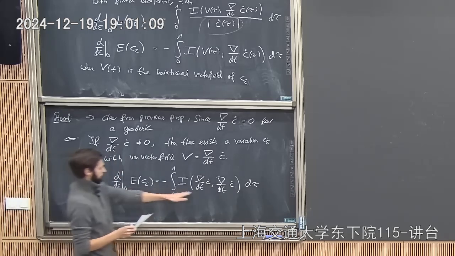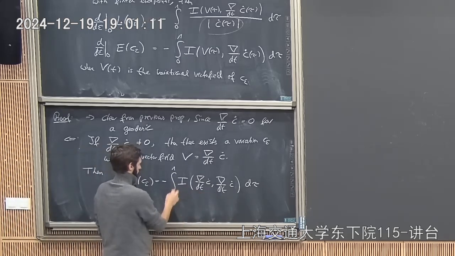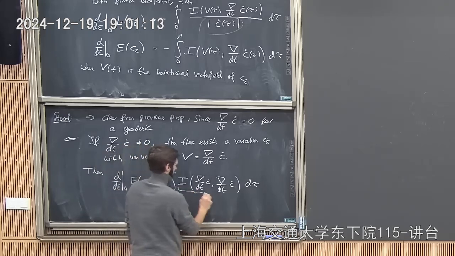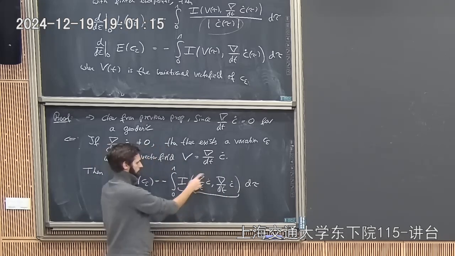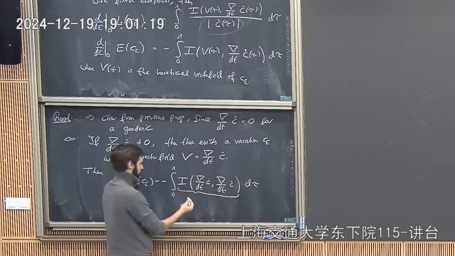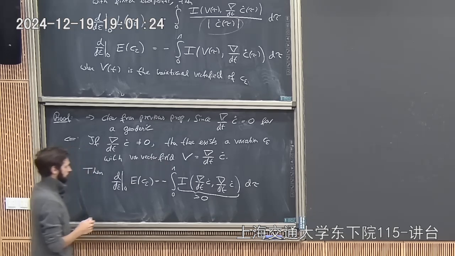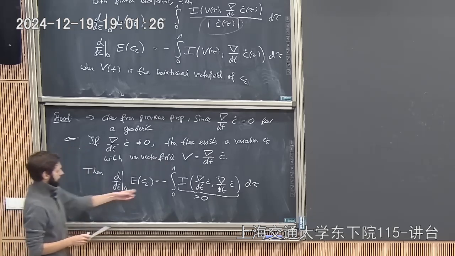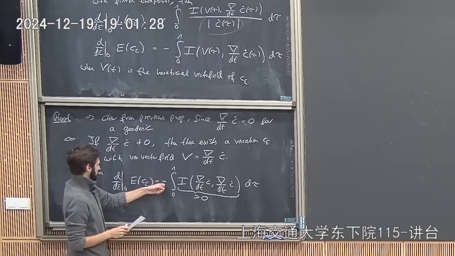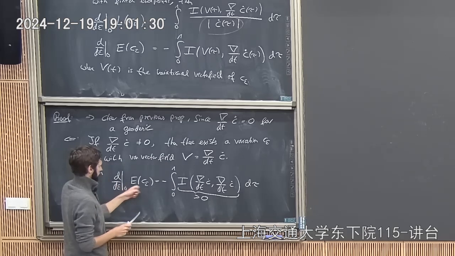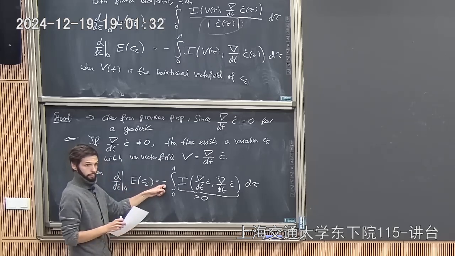So that's just the norm of the curve, and by assumption the curve, like this vector field, was not zero. So that means the norm has to be strictly positive. So that's a strictly positive number, and then we get overall that this variation of the energy function has to be strictly negative.